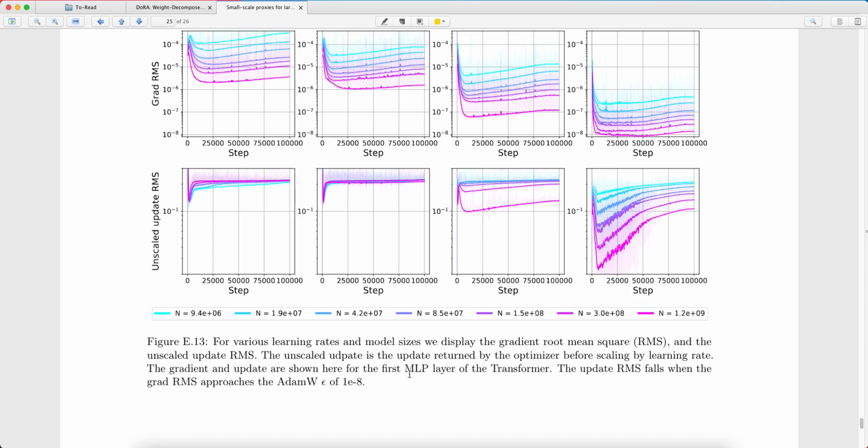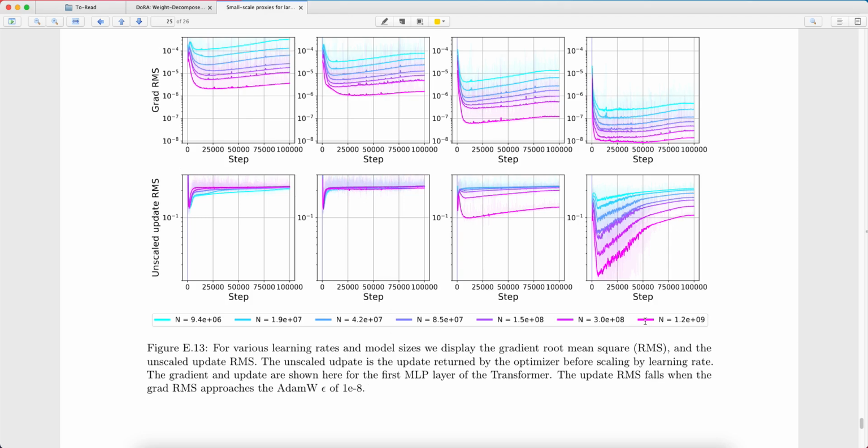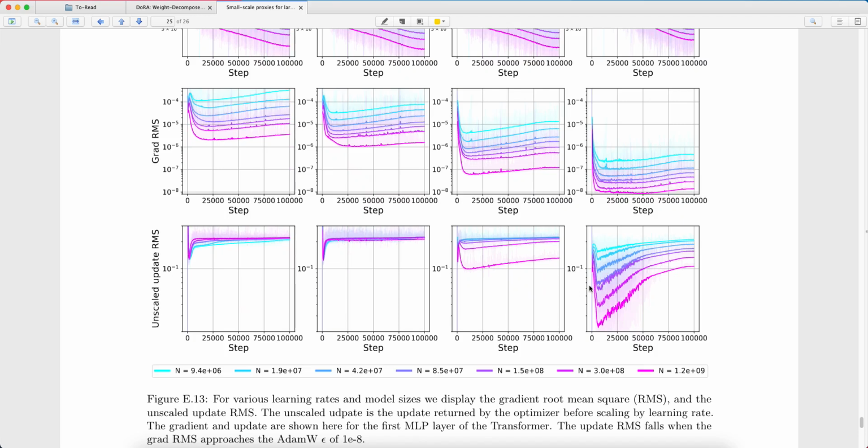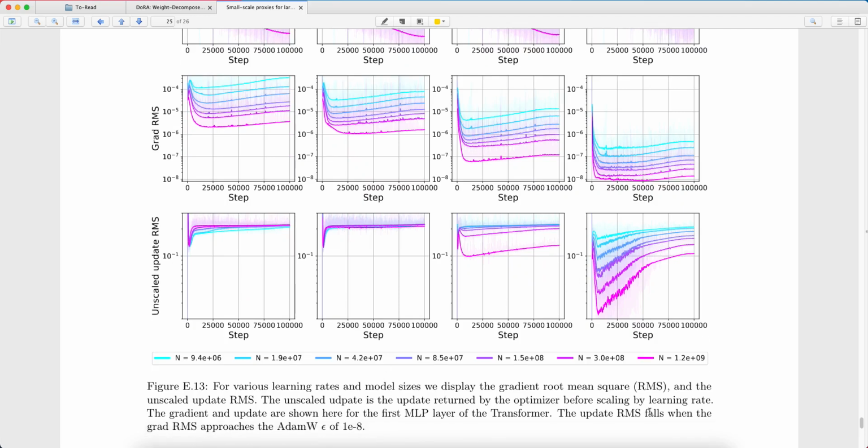The gradient and update are shown here for the first MLP layer. The update RMS falls when the grad RMS approaches the epsilon of 1e-8. So here's the update collapsing. The unscaled update RMS falls when the grad RMS approaches the epsilon of 1e-8.